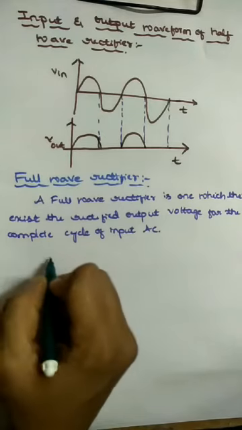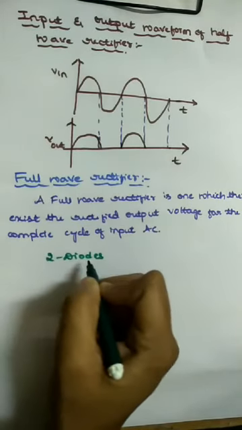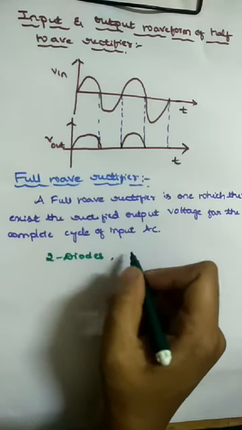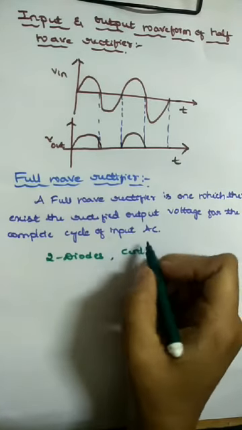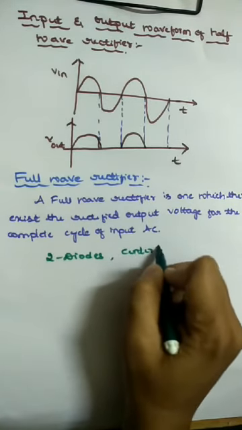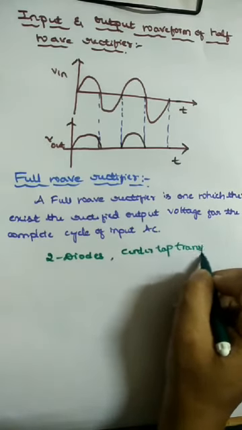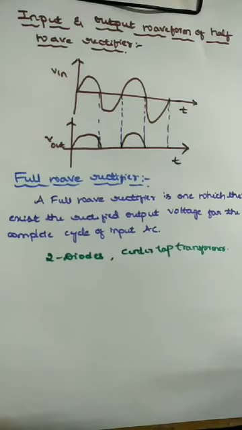So we are going to use two junction diodes and a center tap transformer. Let us see the circuit diagram.